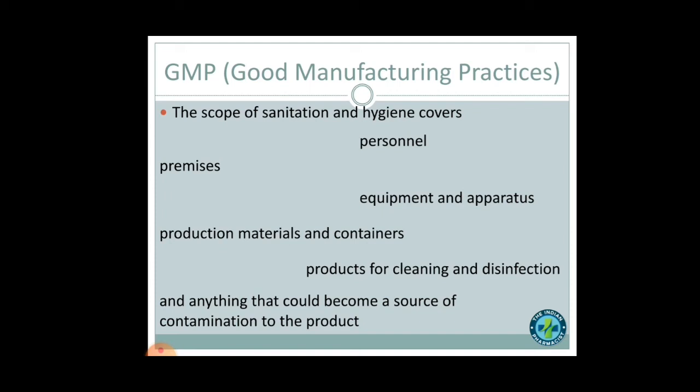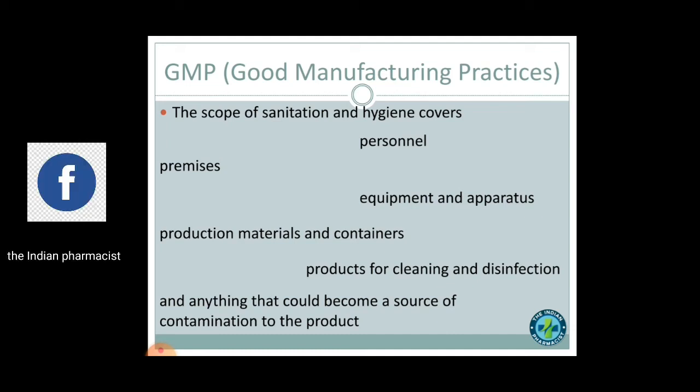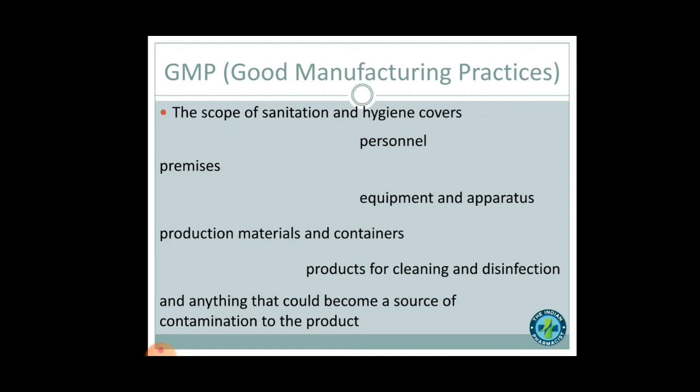Sanitation and hygiene should cover all of them, like personal hygiene, premises and building management, equipment cleaning and sanitization procedure, how the production material shall be sanitized, and how the containers used for holding that production material shall be sanitized. This all should be covered.